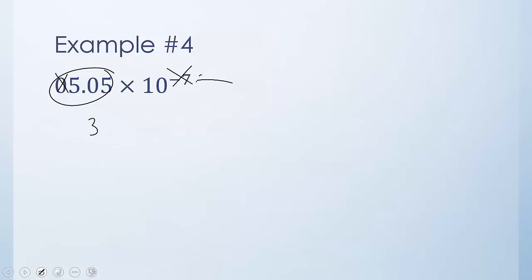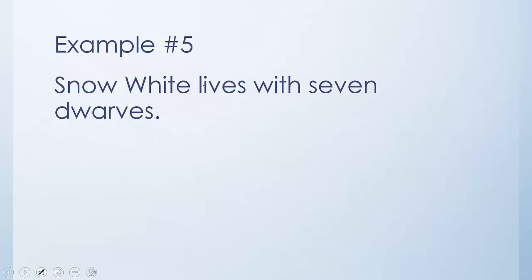This times 10 to the minus 7, remember those are our placeholder zeros. How about this, it's just a statement. Snow White lives with 7 dwarfs. This would be infinitely precise. These dwarves are counted. We know exactly how many dwarves there are because we saw the movie. And so that would be infinitely precise.